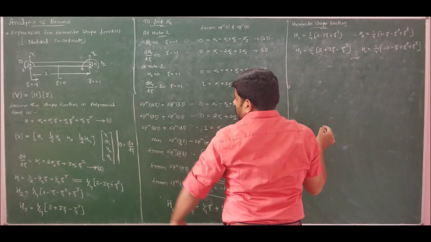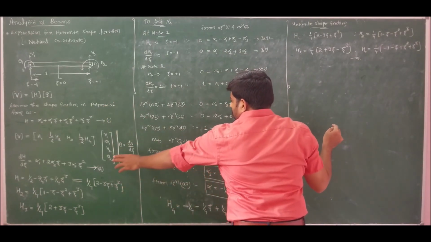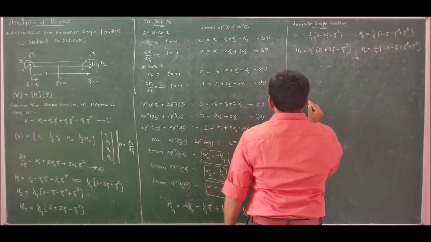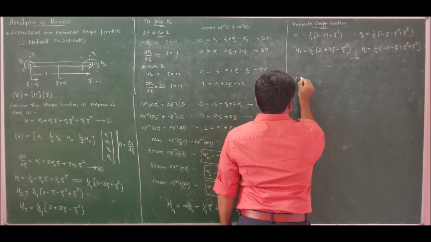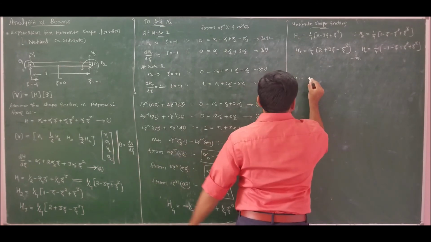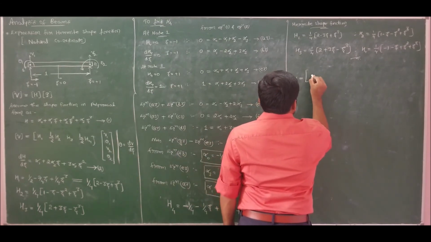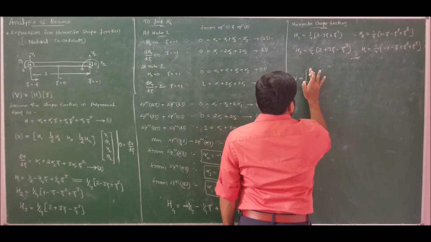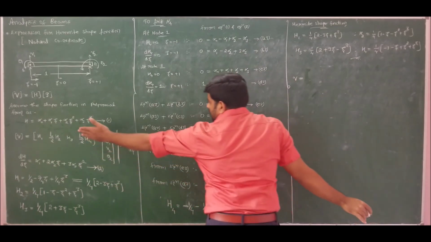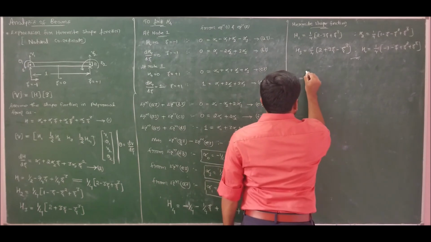So therefore the global displacement V can be written as V is equal to H1, throughout I can take 1 by 4 common. But we have LE by 2 as a multiplication, so therefore I cannot take common. Let me write it like this itself.